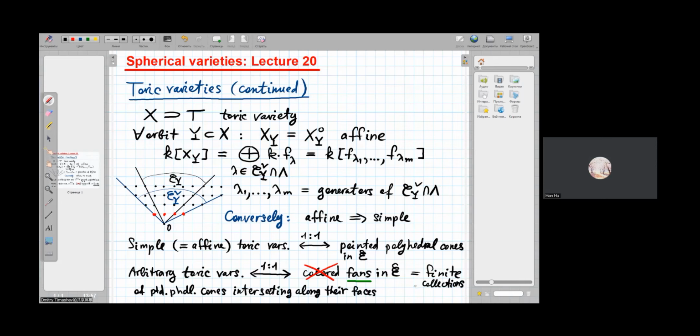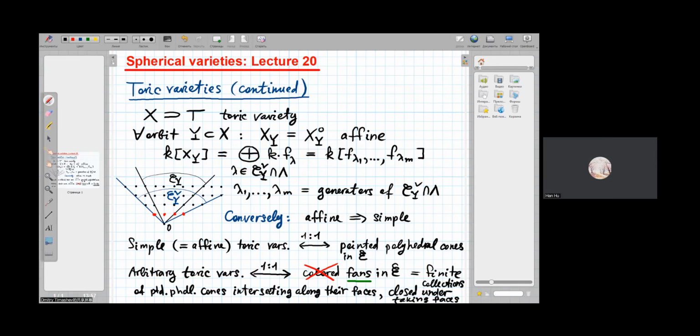And this collection of cones should be closed under taking faces. So this is what a fan means. I just take the definition of a colored fan and adapt it to the toric case.